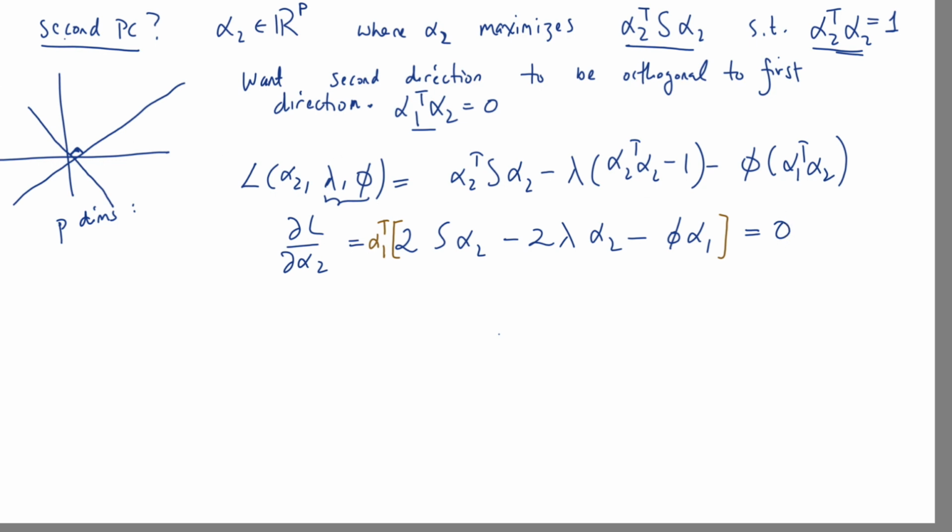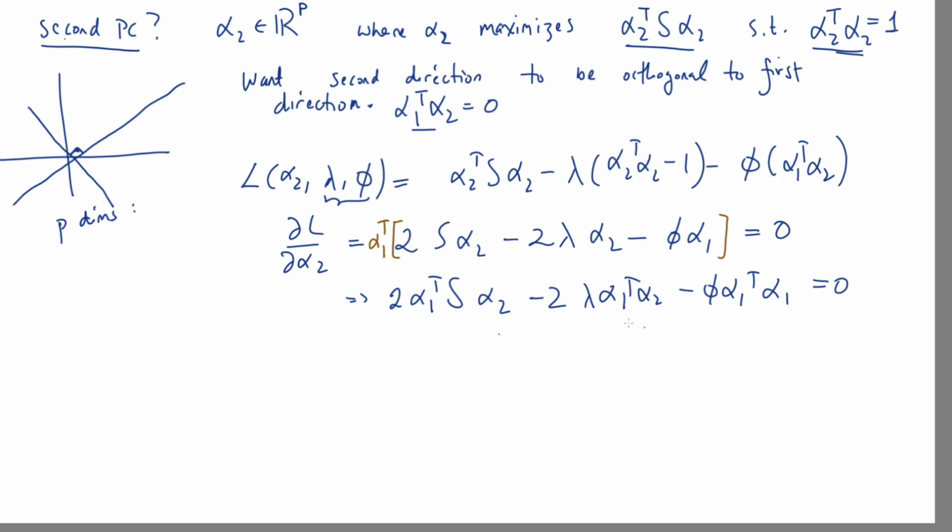But what ends up happening is that we get 2 alpha1 transpose S alpha2, minus 2 lambda alpha1 transpose alpha2 and minus phi alpha1 transpose alpha1 equals to 0.